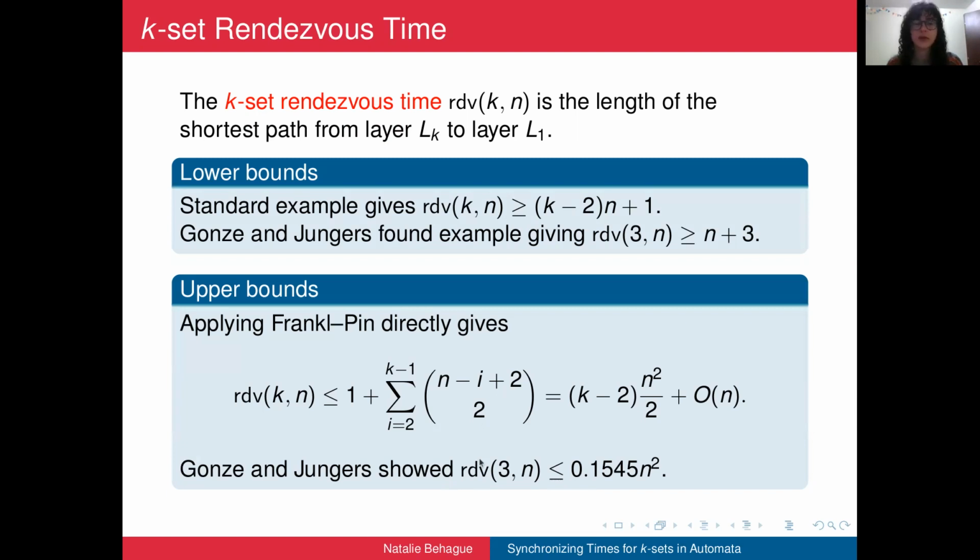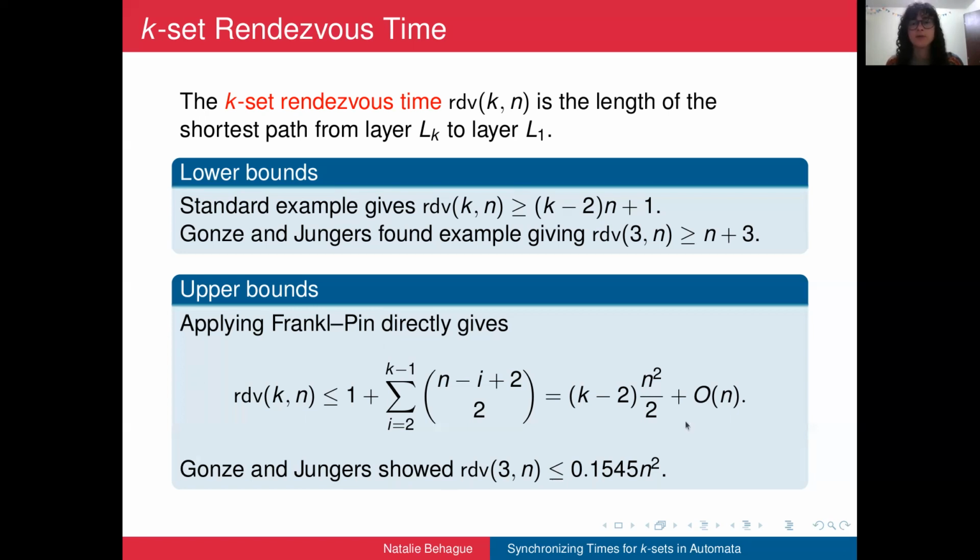So those are some trivial upper bounds. Well, the Frankel-Pin one is sort of trivial if you already know Frankel-Pin, and the Gonzo and Jungers one is very not trivial. They proved it using linear programming and methods associated with linear programming.